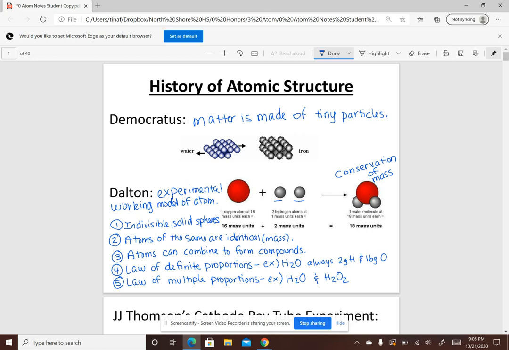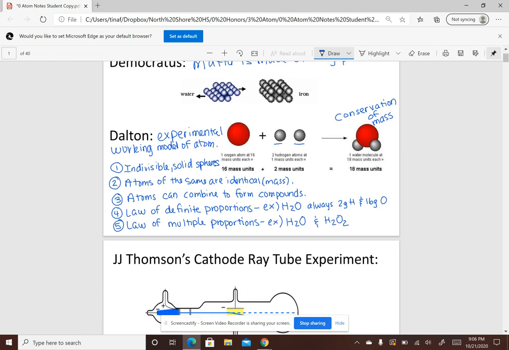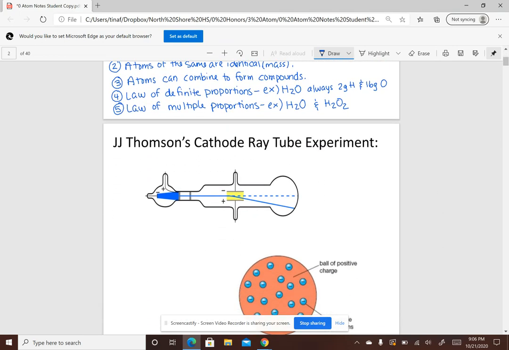By studying chemical reactions and measuring the mass of the reactants versus the mass of the compound we formed at the end and noticing that they're the same, he was able to also put a name to that. So he was kind of the first one to get credit for the discovery of atoms because he had evidence of them, unlike Democritus.